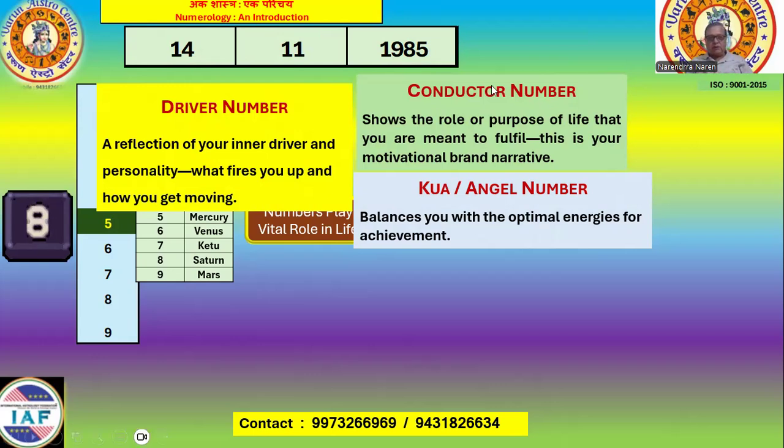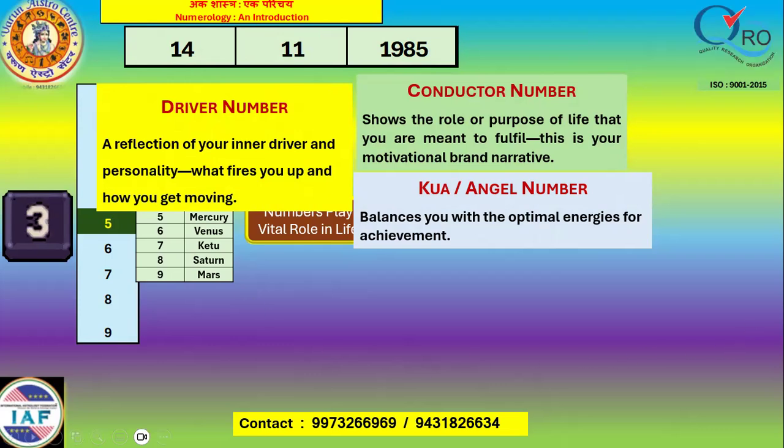So now driver number and conductor number are very, very important in numerology. And entire numerology revolves around this driver and conductor. So first and foremost formula is driver and conductor must not be the enemy. So in practical life, what happens if the driver and conductor both are enemy to each other?